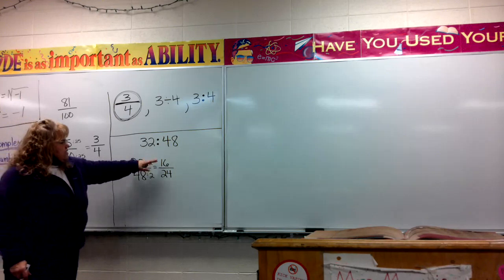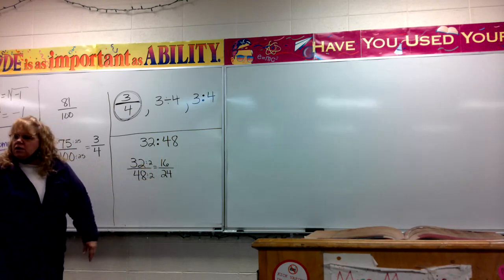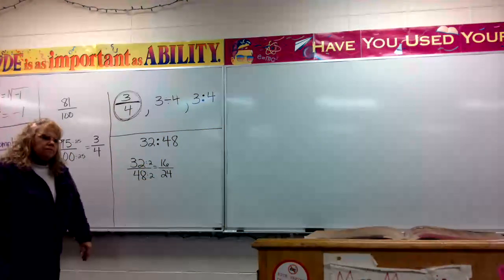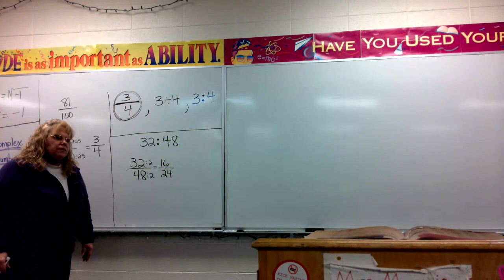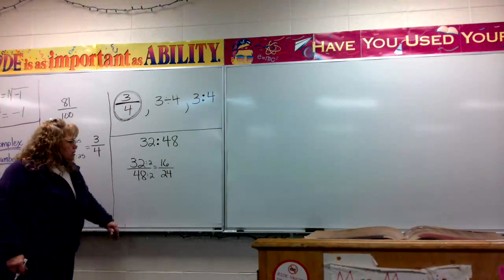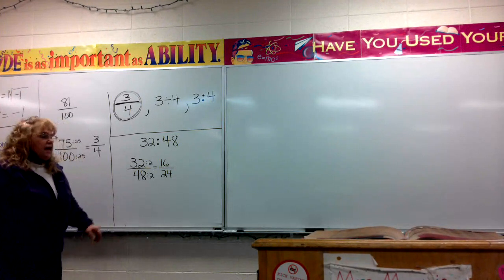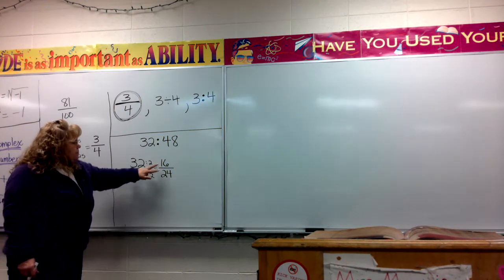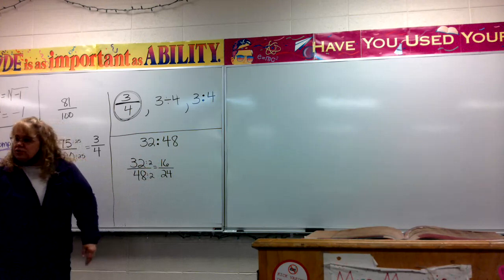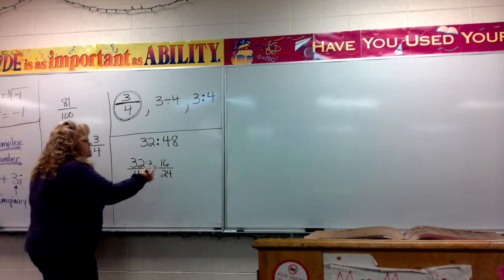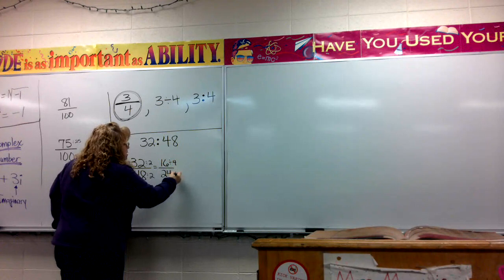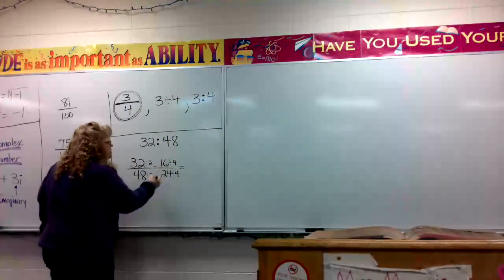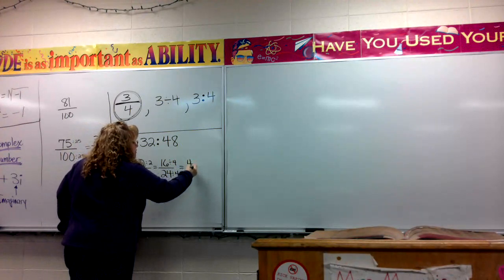What goes into 16 and 24? Bishop, what do you think? At least 4, right? And if you didn't see 4, they end in even, so you could do 2. But he says 4. Divide by 4, divide by 4. What is 16 divided by 4?